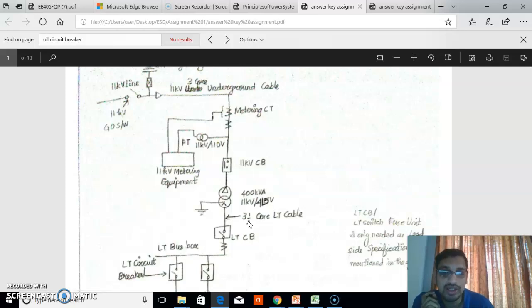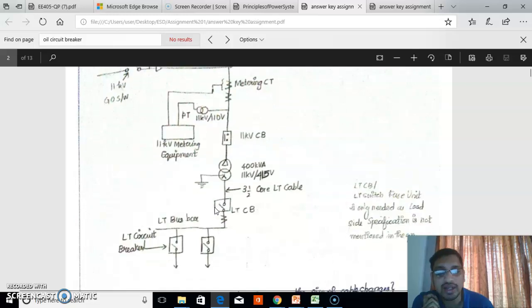Now we find out the primary and secondary rated current of the transformer. What is the equation to find the primary and secondary current? First we calculate the primary side.